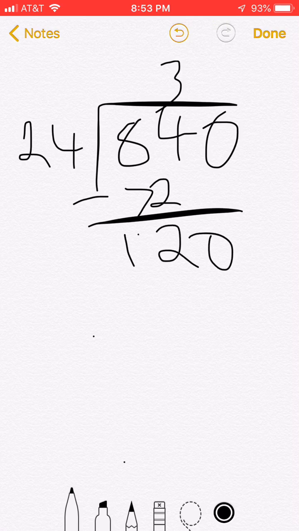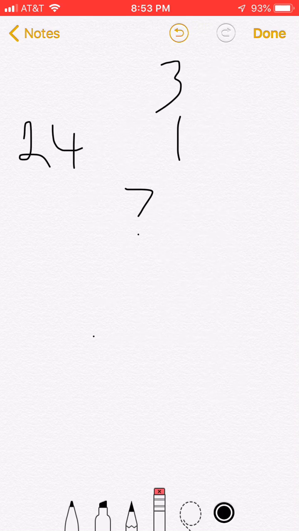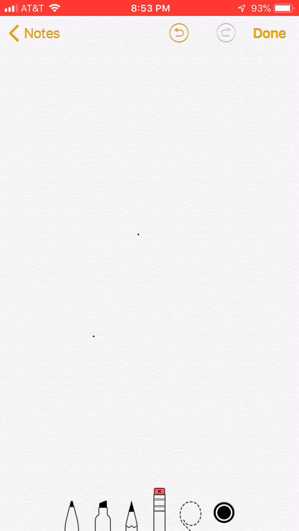Bring down the 0 to get 120. 24 goes into 120 exactly 5 times, minus 120 equals 0. So our answer is 35. Quick example, quick answer.